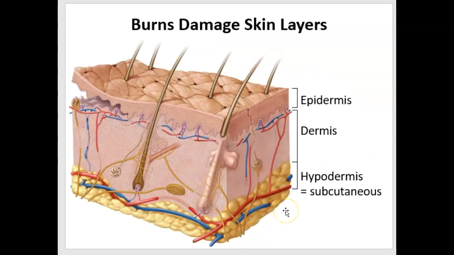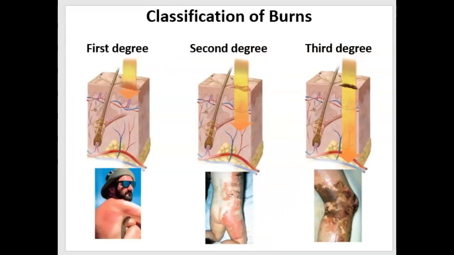So as you can imagine, burns damage the layers of our skin, starting with the epidermis, which is usually the point of contact, and might penetrate the dermis or even go below the skin into the hypodermal or subcutaneous tissue. We classify burns based on how deeply the skin is affected.